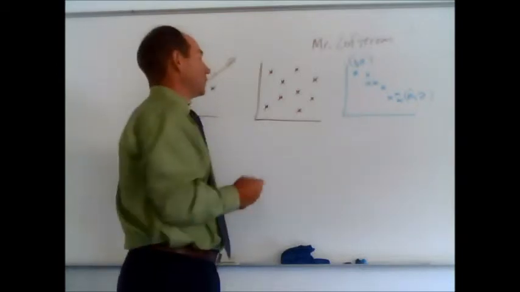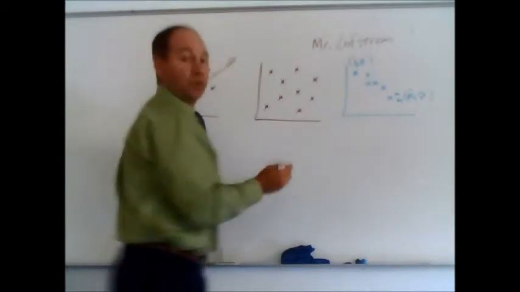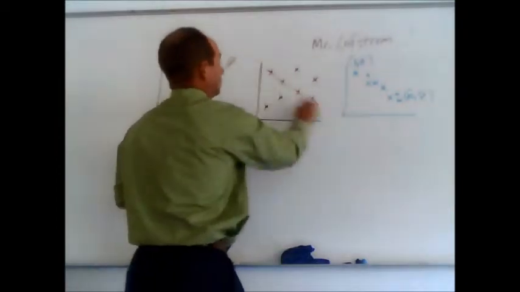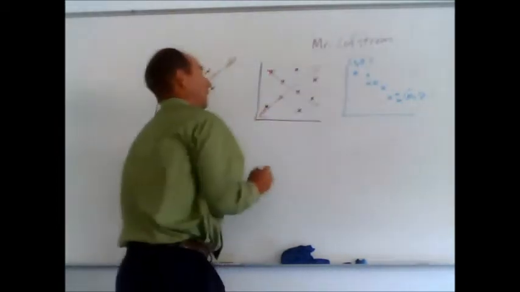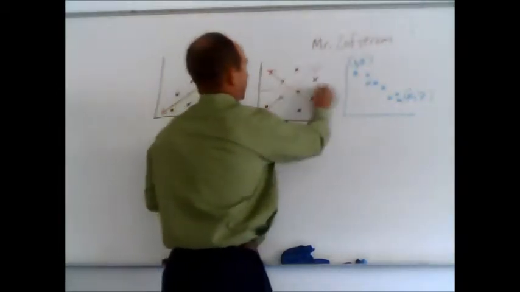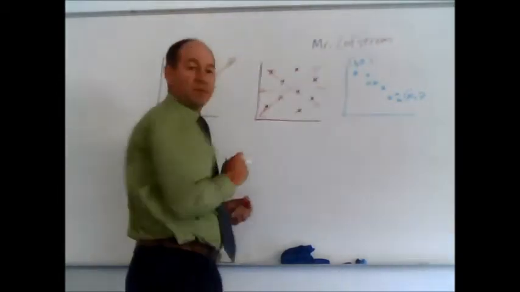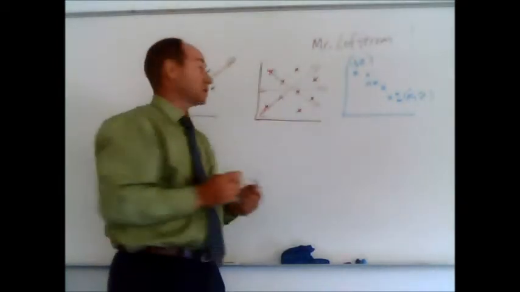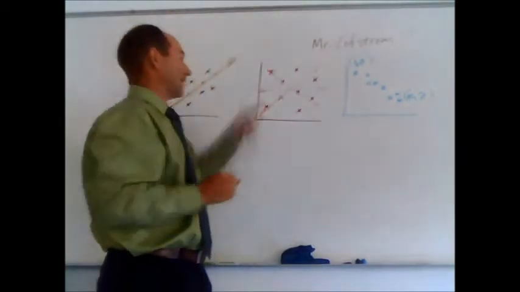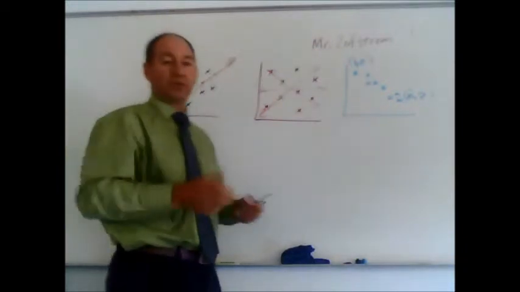And so for here, I'm not really sure where it would go. It might go here. Some would say that's a pretty good line. Some might say, oh, but that's a good line. And others would cut it right in half, and we have so many above and so many below. And that's the idea of one line that's the best line: you're trying to get something that is for sure the best one.